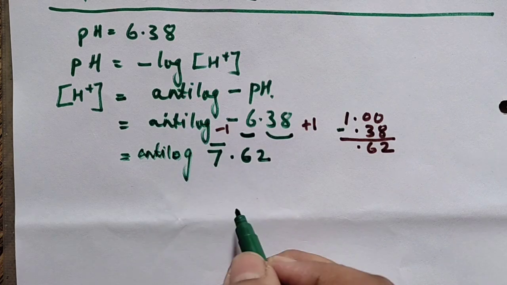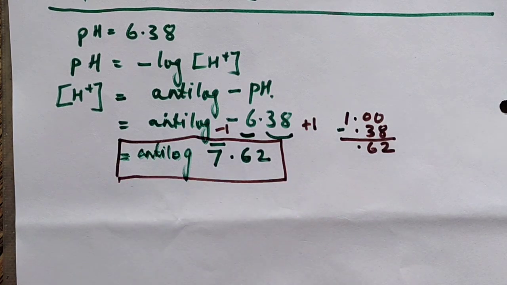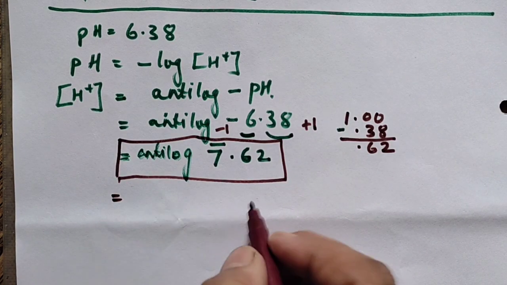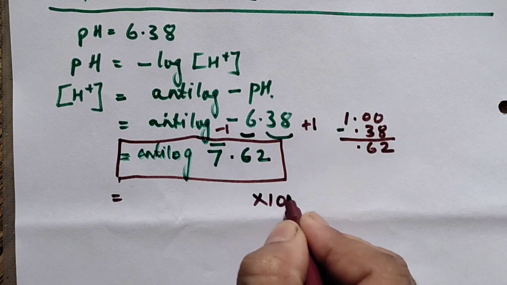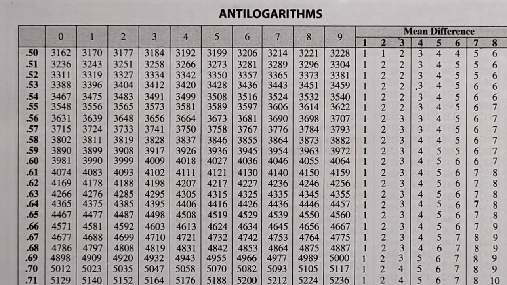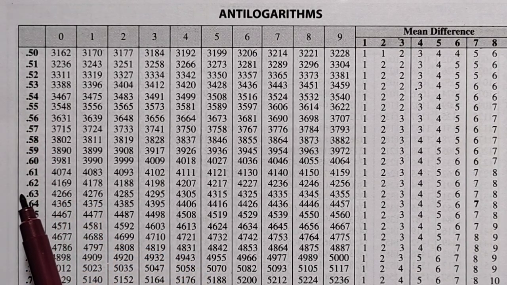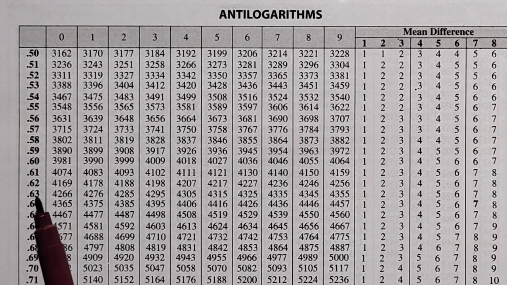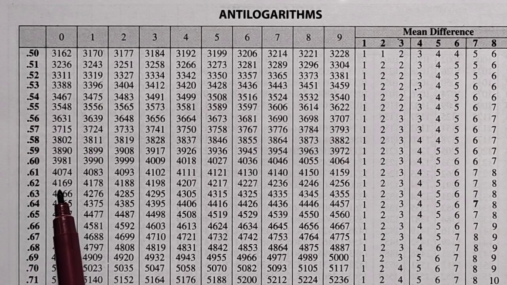And now whatever number you have, I will be calculating the anti-log. So how are we going to represent it? Whatever part is here, the characteristic part, will be written as 10 to the power minus 7. And for 0.62, we will check the anti-log. Now just see this, children. This is the anti-log table. So 0.62 you will search here, under 0, since after 0.62 there is no further digit.